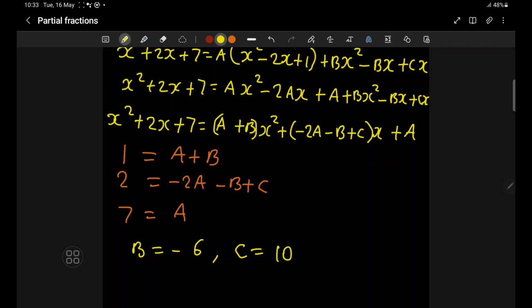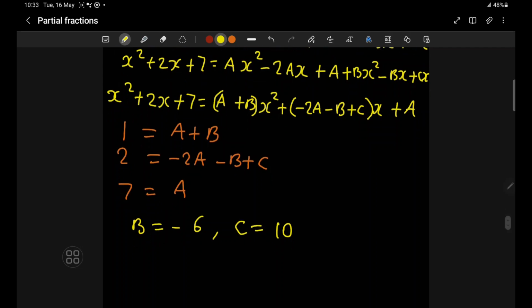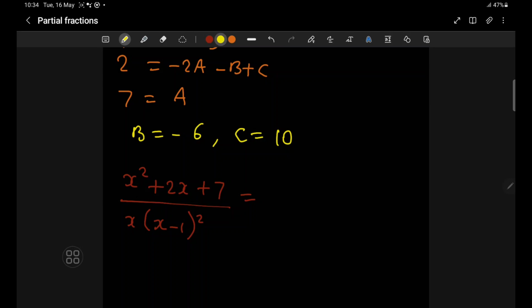So now that we have the three values, we can replace them in our partial decomposition. So in our decomposition, where there is a, we'll put 7. So 7 over x plus, for b, negative 6 over x minus 1. And finally, for c, it's 10 over x minus 1 squared. And that's how you do it for a repeated linear factor.